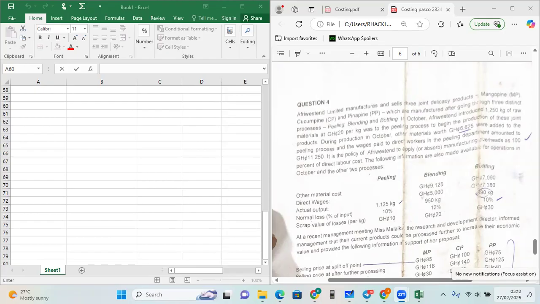During production in October, other materials worth 6,625 Ghana cedi were added to the peeling process, and the wages paid to direct workers in the peeling department amounted to 11,250.